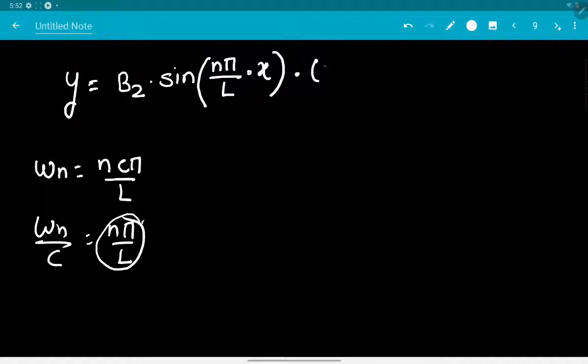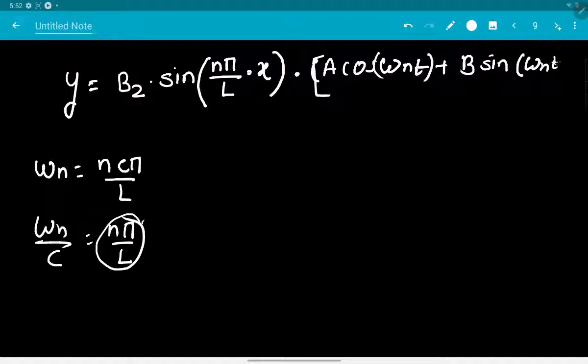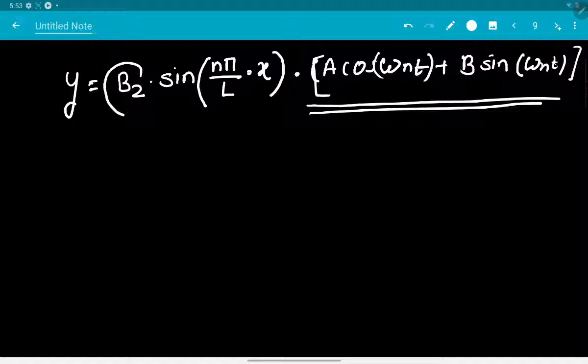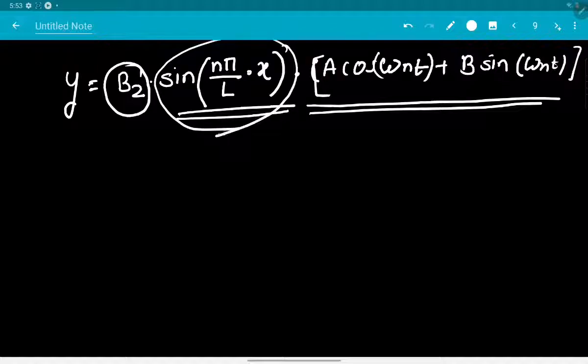times a cosine omega nt plus b sine omega nt. Okay, this is the time variation. This is what I am going to call the amplitude, and this is the shape that you are getting from here, which is called the mode shape.